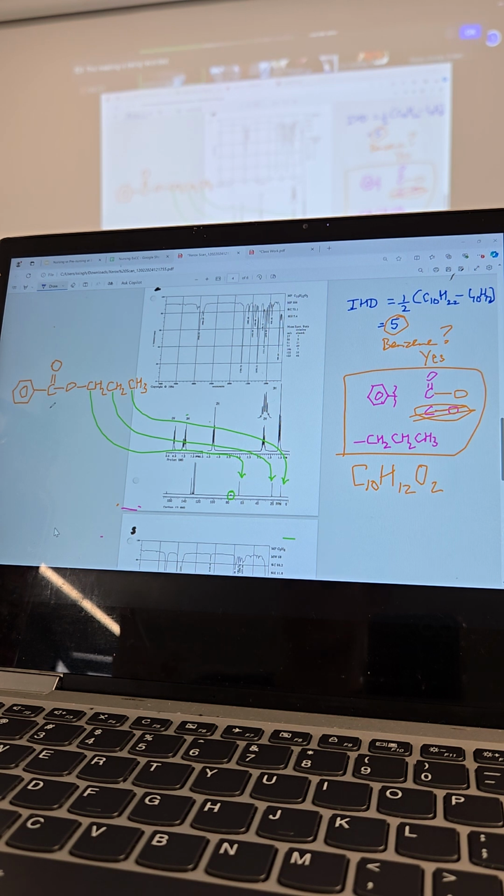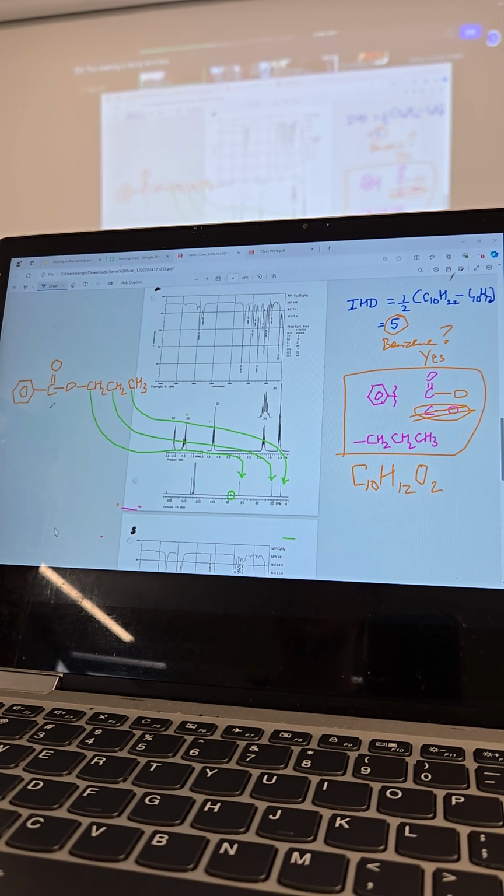On a test, how would you prefer us to label these? Would you want us to letter them and put it next to the compound, or draw arrows? Whichever way you want, as long as I am able to see that they've connected this atom to that signal.